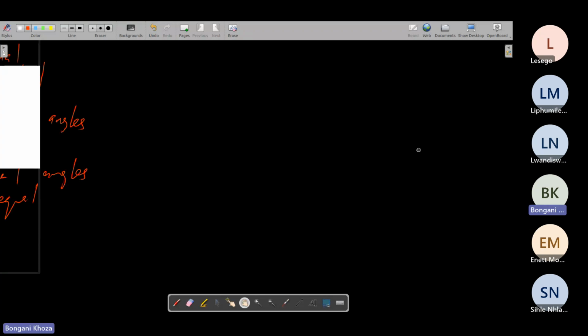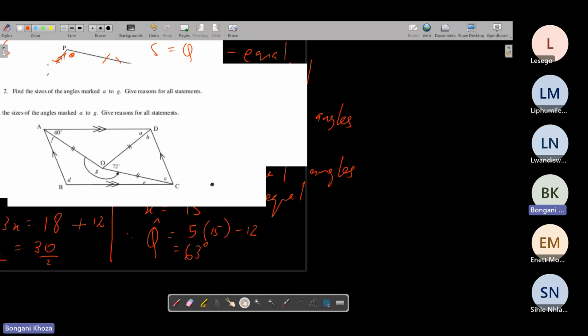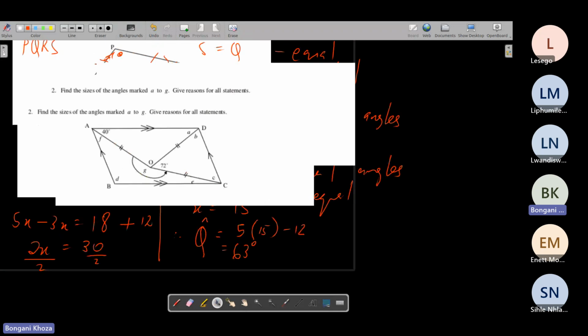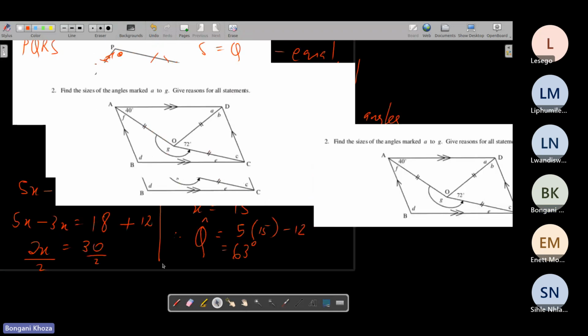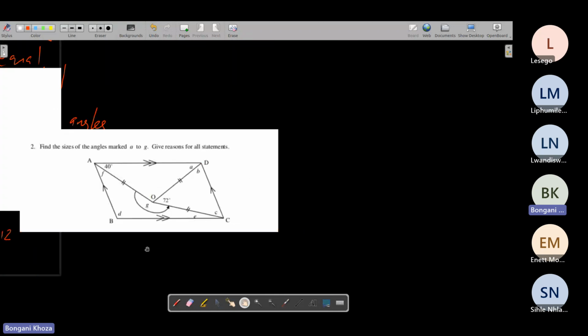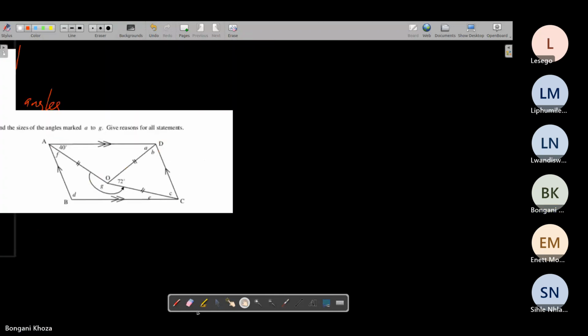I'm not seeing the document that I'm pasting. Oh, it's here. Wow, pasted it multiple times. Okay, I just need this one.